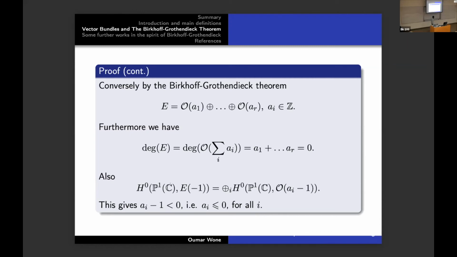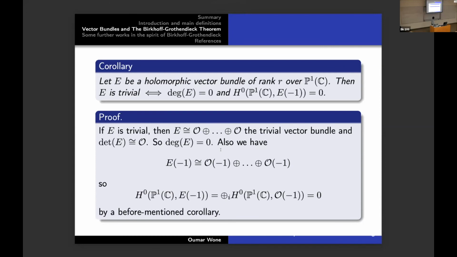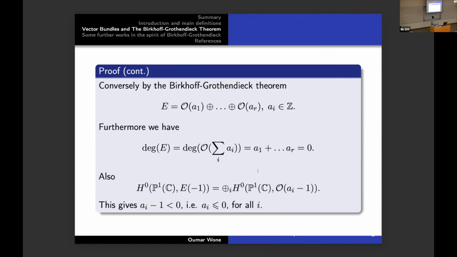And also we have this relation, the space of sections of E(-1) is this direct sum. So we know that this space of sections has to be 0, and this gives that a_i minus 1 is strictly negative.